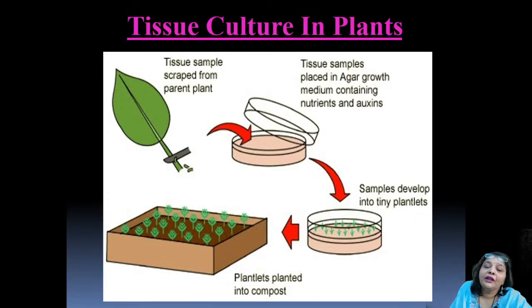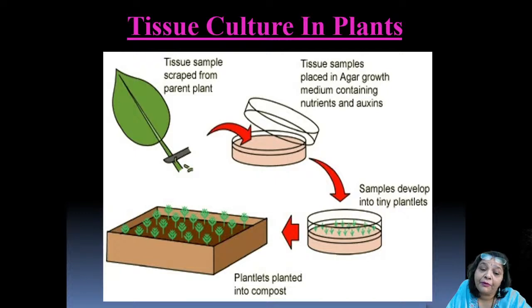So generally, you all know that in plants there are two different types of tissues. You have learned in the earlier classes, they are the simple tissues and the complex tissues. The simple tissues are parenchyma, collenchyma, and sclerenchyma, which are the simple permanent tissues, and the complex permanent tissues are the xylem and phloem, each containing 4 different types of tissues that are involved in the conduction of water and minerals.